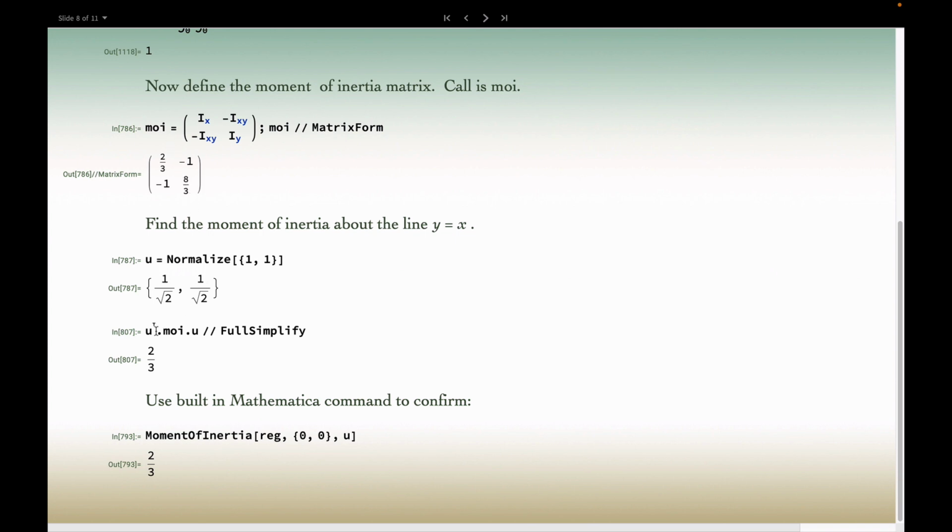So here I construct the quadratic form, u transpose times the matrix times u, and there it is. The moment of inertia for that rectangle about the line y equal to x is 2/3. This computation can be done using the built-in Mathematica command called MomentOfInertia. We specify the region, we specify the direction, and it returns 2/3, confirming our computations.